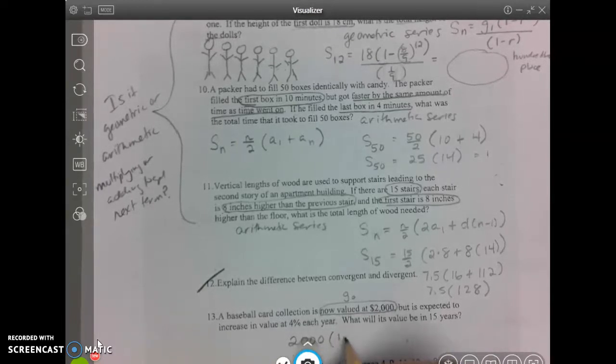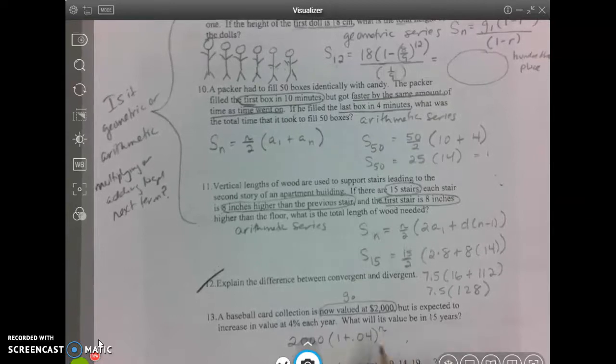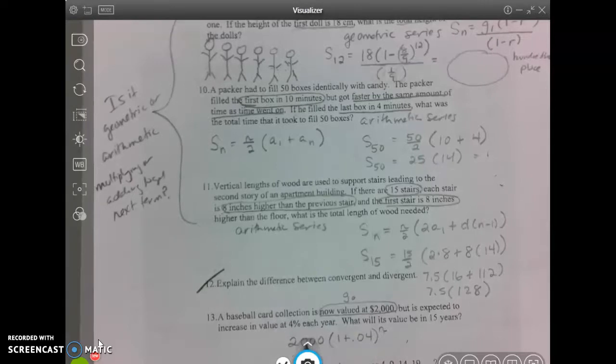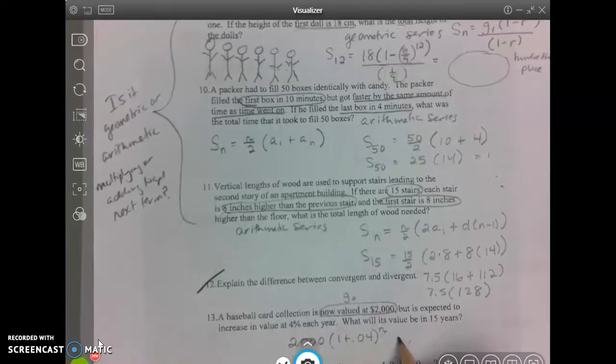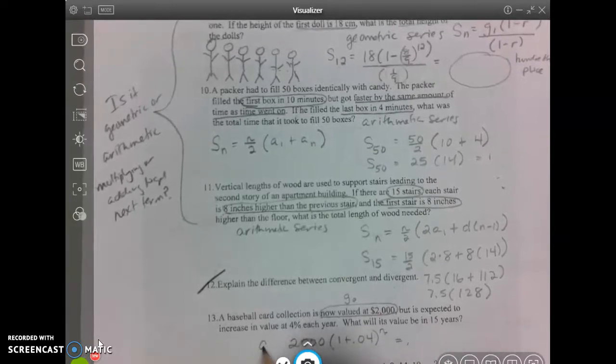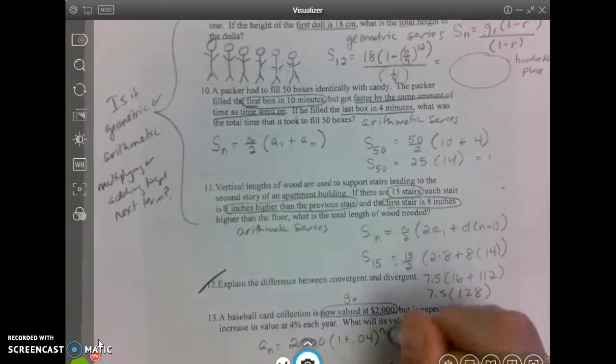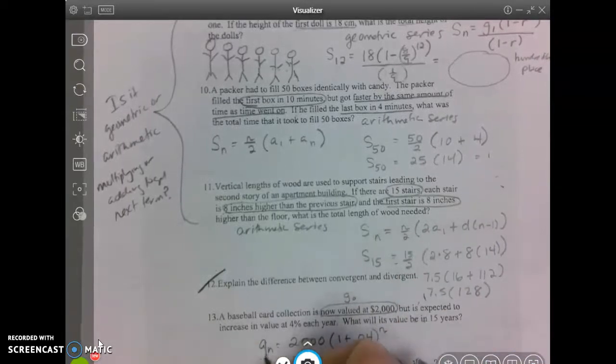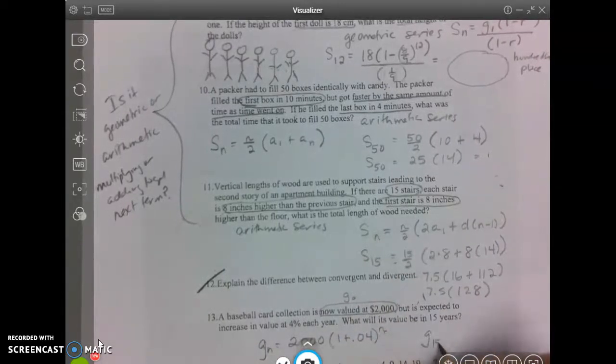The ratio will be 1 plus 0.04 because it's increasing by 4%. And because this is the 0 term, this is n. If this was the first term, it would be n minus 1. And in this instance, because I'm finding a sub, I guess it's not a, it would be G for geometric, G sub 15 is 2,000 times 1.04 to the 15th.